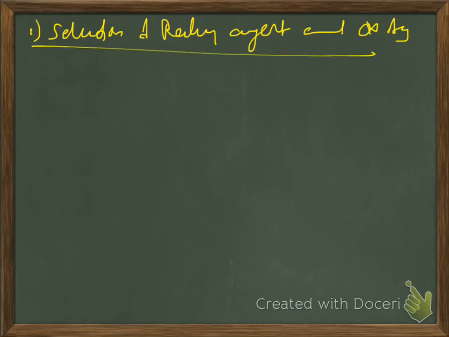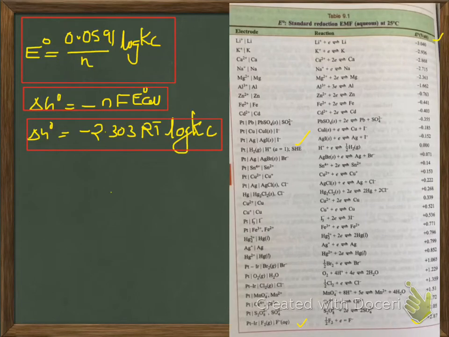And first, you have lithium. Lithium has low reduction potential. Reduction potential means tendency to gain electron. Tendency to gain electron is minus 3. That means lithium does not have any tendency to gain electron.